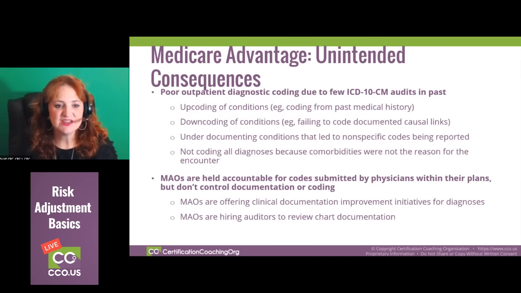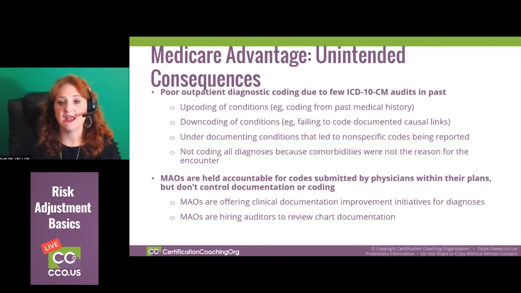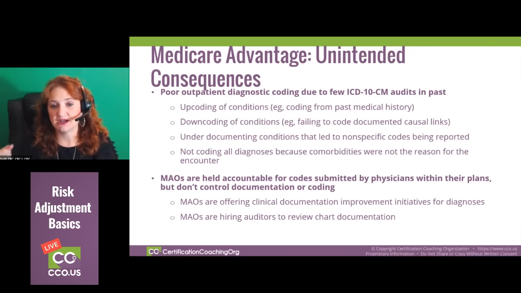All right. So under documentation is a huge problem. Down coding. I know you're familiar with that, and just not getting the comorbidities. And again, that's another reason why you may do full captures versus just chronic conditions that carry HCCs.